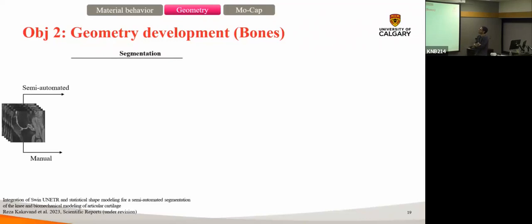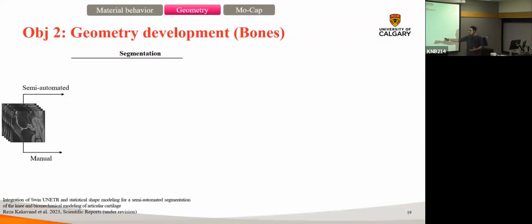So we have MRIs from 507 individuals. We're going to propose one semi-automated model that segments femur and tibia. And we want to validate this model with manual segmentation.